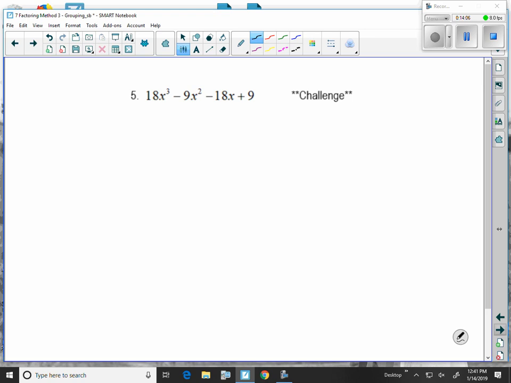Okay, number 5. This is a challenge, but it's not that hard. It's super easy. Is there a GCF here? Yes, 9. So we're going to pull a 9 out, so we're going to divide everything by 9. 18x cubed divided by 9, what do I have left? 2x cubed.